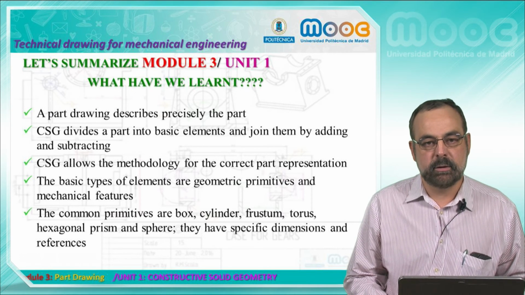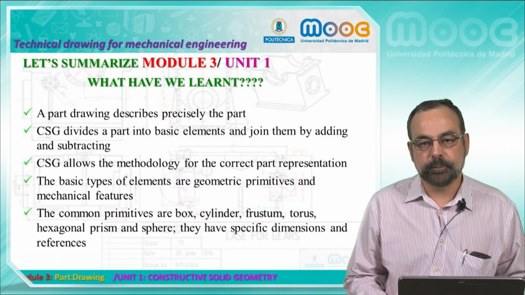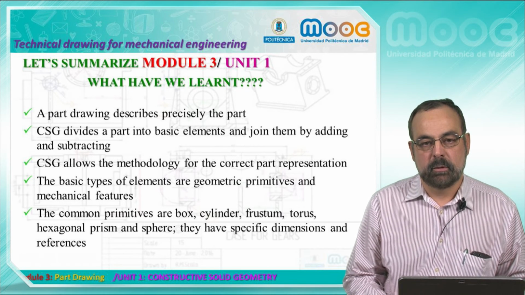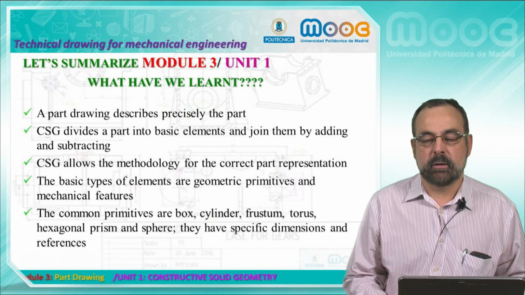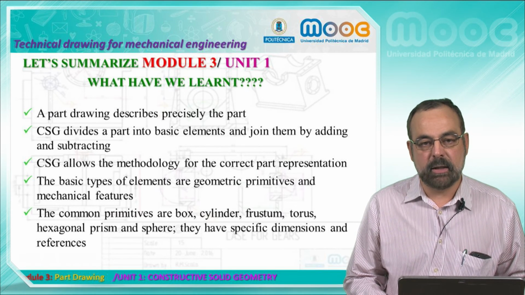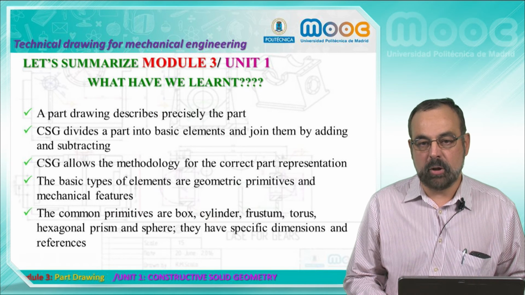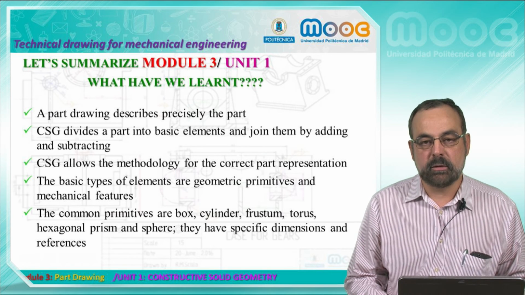CSG allows us the correct part representation. The basic types of elements are geometric primitives and mechanical features. The common primitives, box, cylinder, frustum, torus, hexagonal prism, and sphere, have specific dimensions and references.